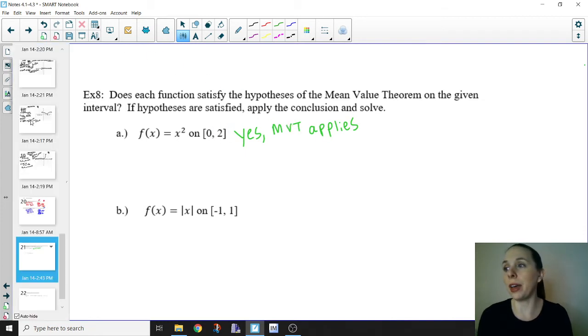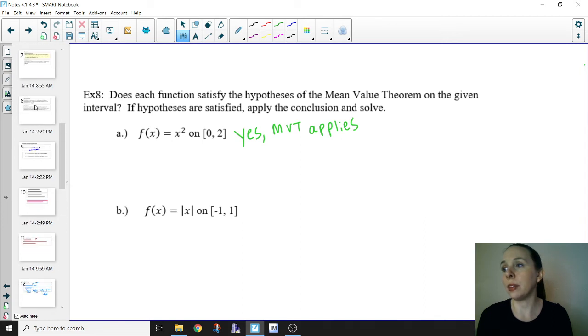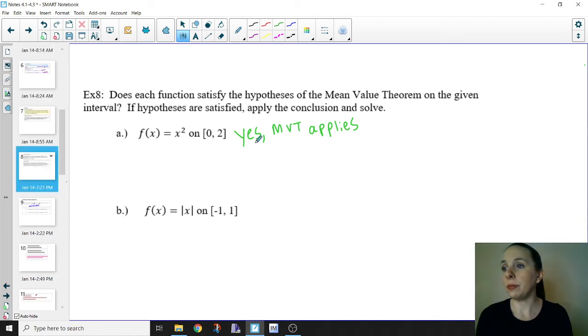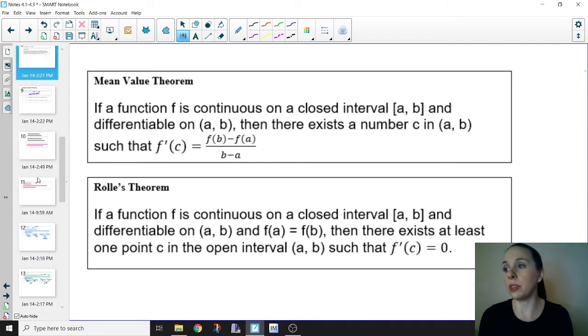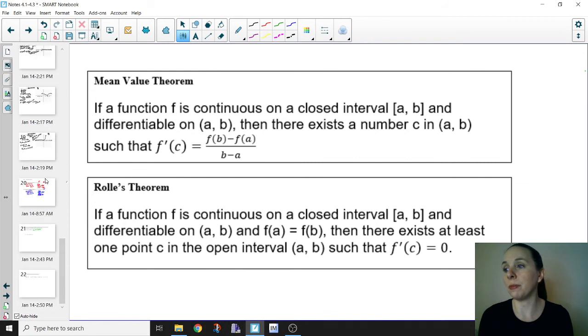So let's go back and look at that conclusion again. The conclusion of the mean value theorem says you should be able to find a number somewhere in that interval given to you where the derivative value of the function at that number is equal to the slope of the endpoints. Okay, the slope of the secant line, I like to say.